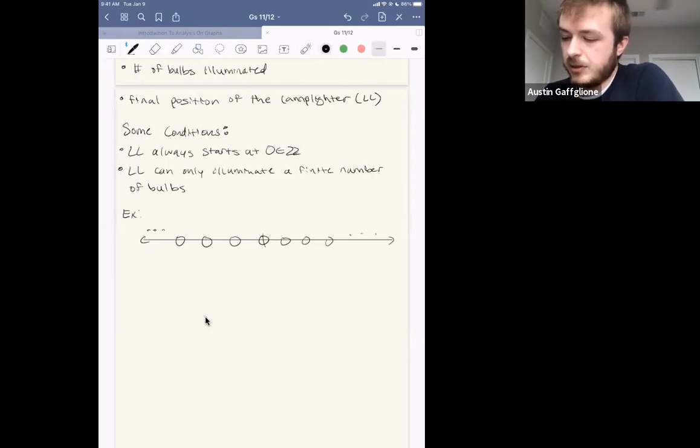And let's say in this lamplighter picture, I have bulbs illuminated at -1 and 0, and maybe the lamplighter's final position is at 1. And so in this case, I have 2 bulbs illuminated, and I have the final position of this lamplighter.